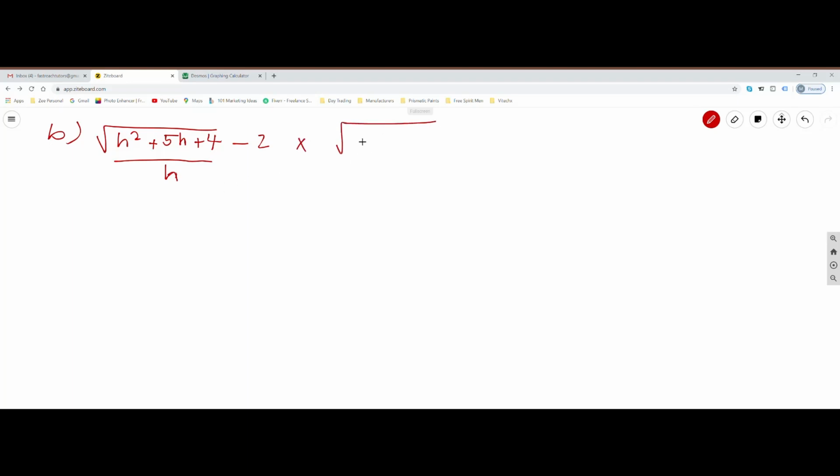So square root of 8 squared plus 5h plus 4, plus 2, over square root of h squared plus 5h plus 4, plus 2. When you multiply square roots, the square roots disappear and only what's inside is left.